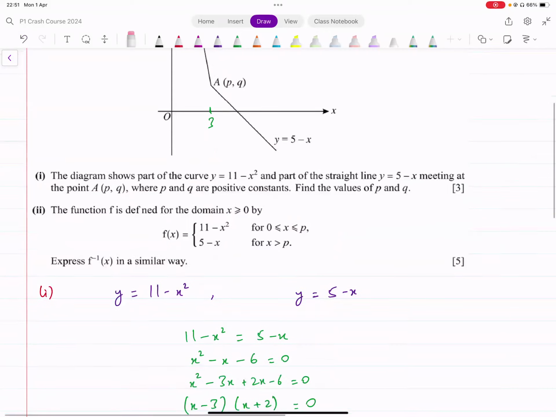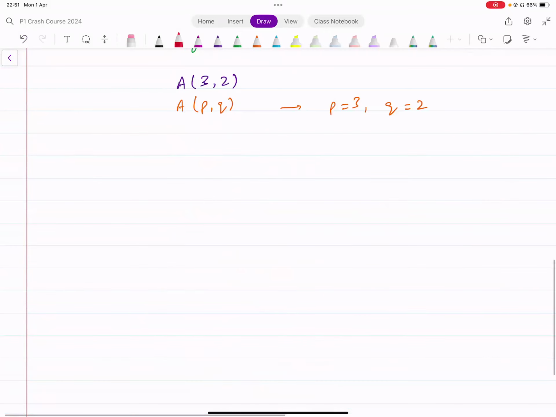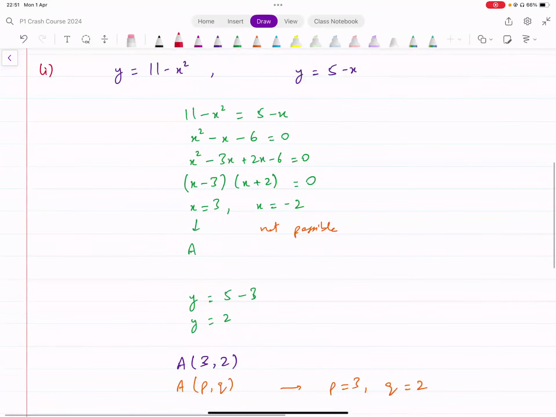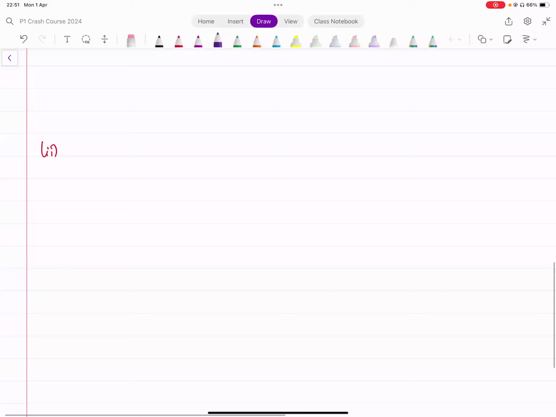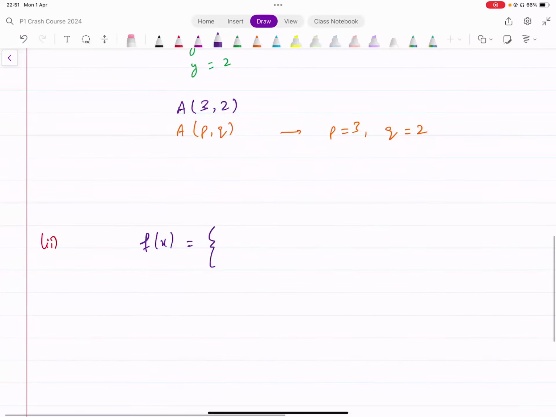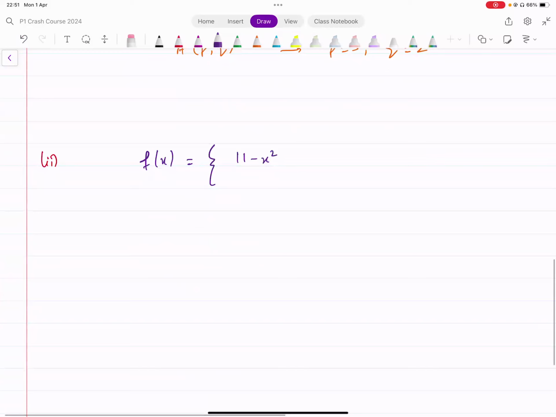Now, how do we think about this? Let's try this. Part 2. Let me write that function here. It says f of x is equal to 11 minus x squared, and this is valid for x between 0 and 3.